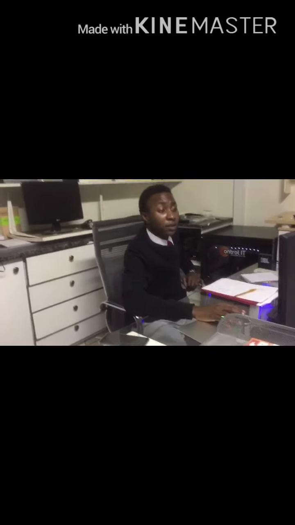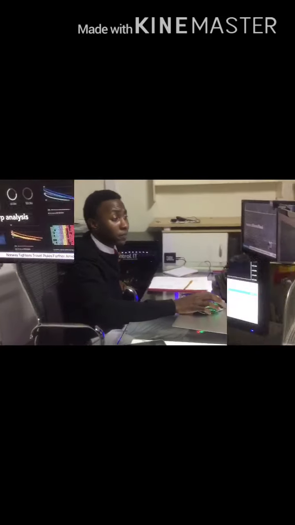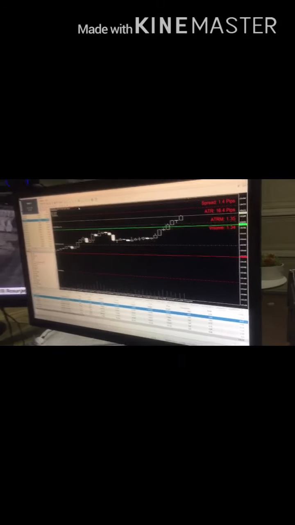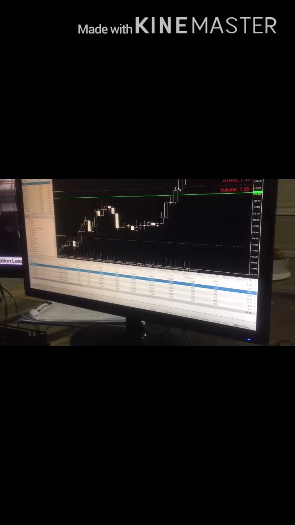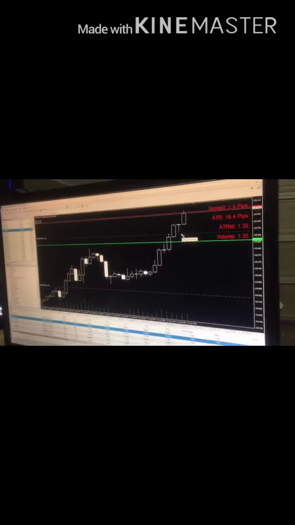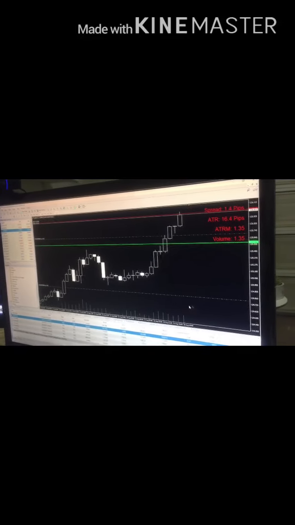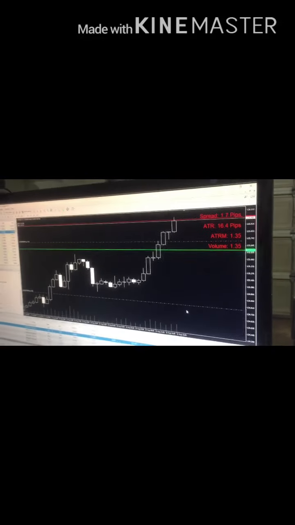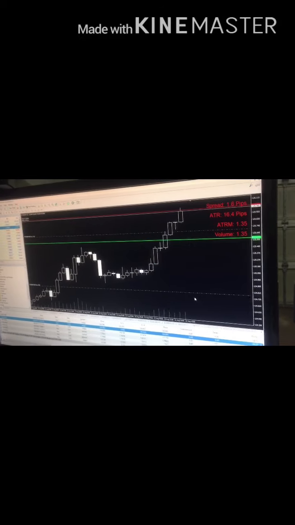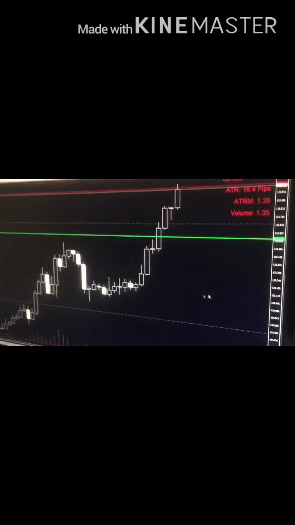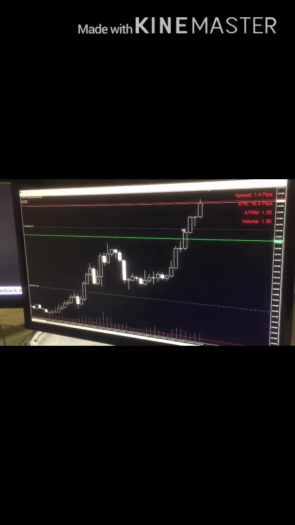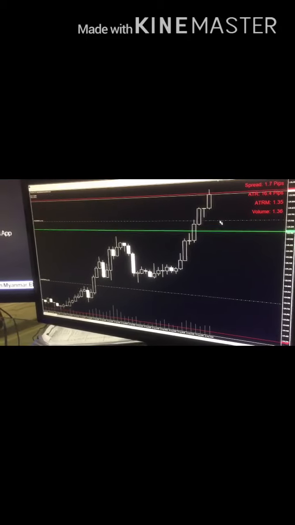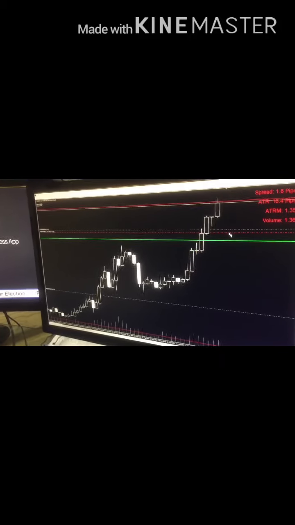So if you come a bit closer here and take a look at me and my charts here, this is a trade that I'm on currently. So here, this is my entry point, right? Don't mind the one at the bottom, it has a stop loss and everything is okay. Now I want us to take a look at this one here. So I bought here, right? So now I go ahead and drag my stop loss.